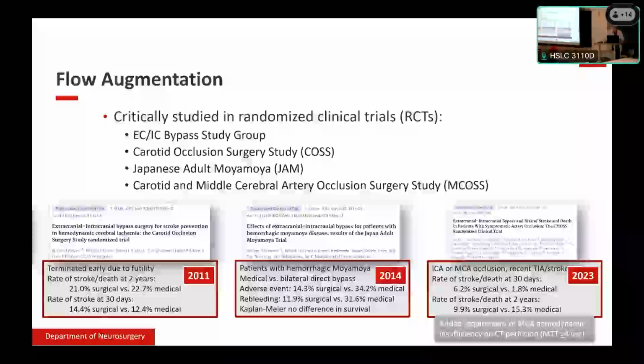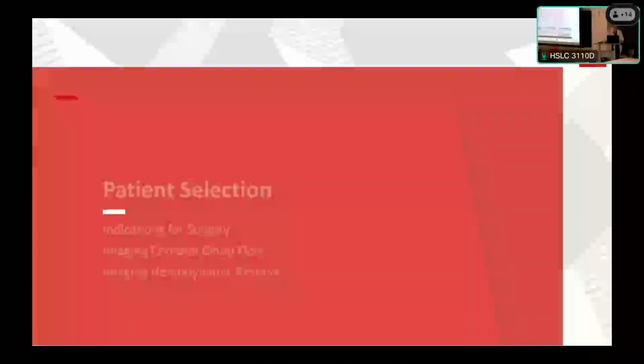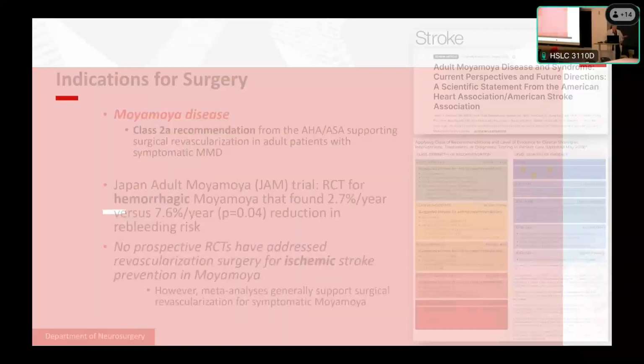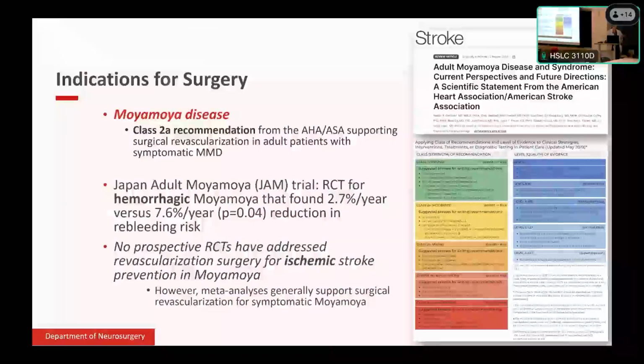All of the studies that pertained to ICAD specifically essentially failed, despite some tweaking of the inclusion criteria for CMOS. Of these 4 studies, JAM, the Japanese Adult Moyamoya study, is the only one that actually showed any benefit for the bypass procedure.